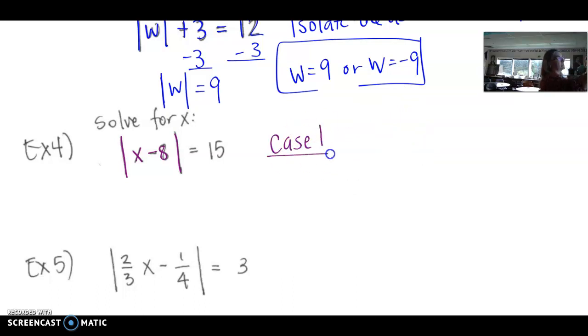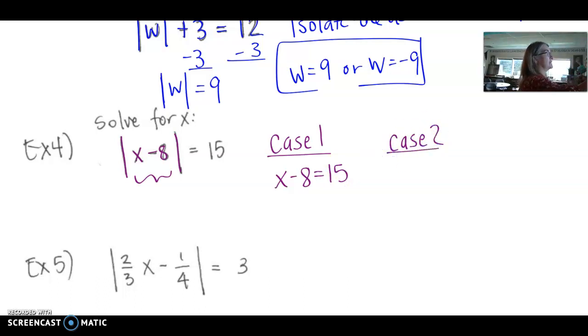Case one, the expression inside the absolute value has to be equal to positive 15. Case two, this part inside here, x minus 8, could equal negative 15, because if this equals negative 15, when you take its absolute value, it will be positive 15.